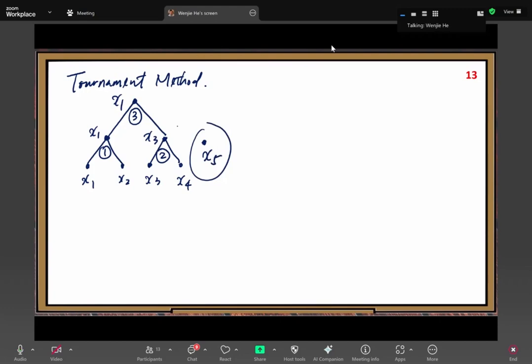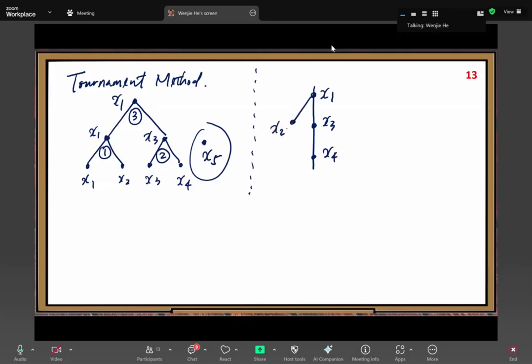Then let's do some cleanup work. Summarize it before we go to the next round. So what do we have so far? This diagram represents X1 higher than X3 higher than X4, and X2 here.